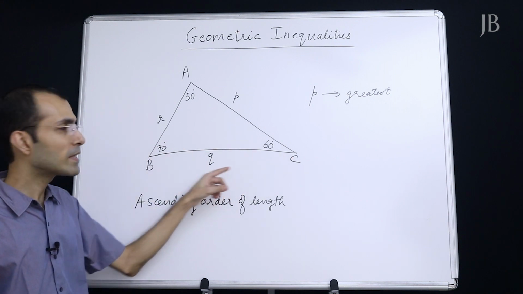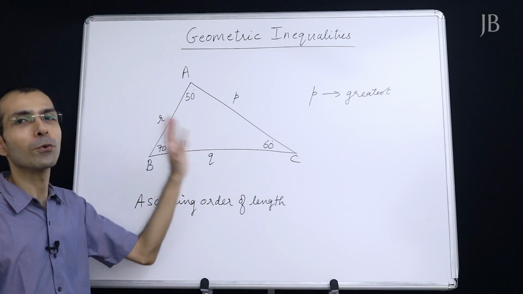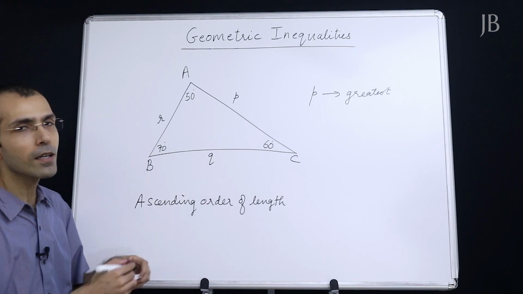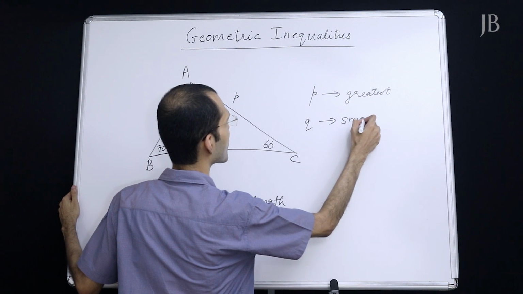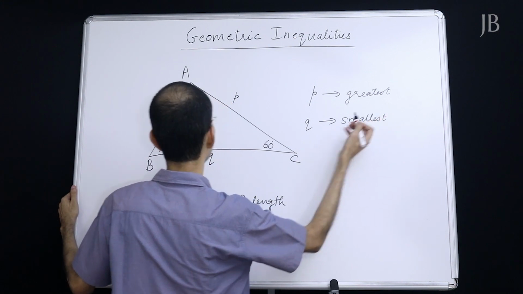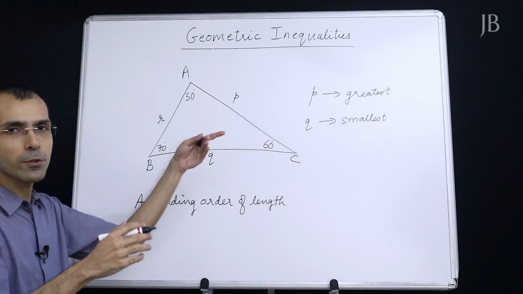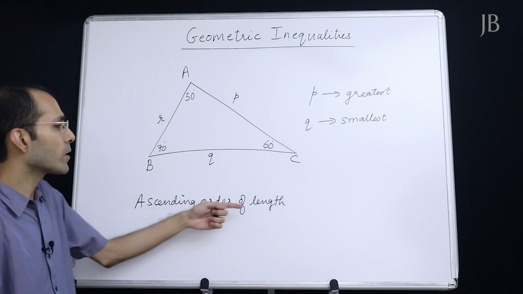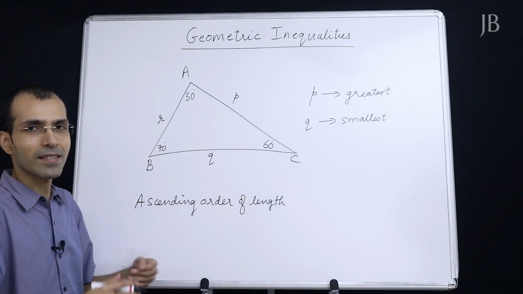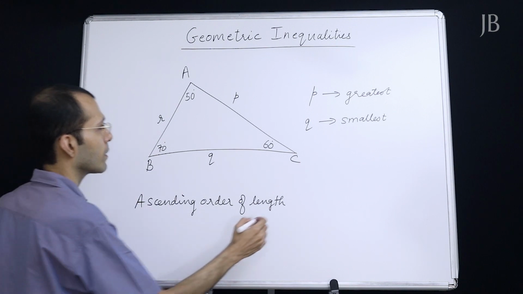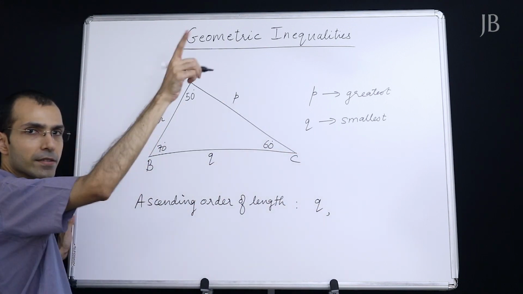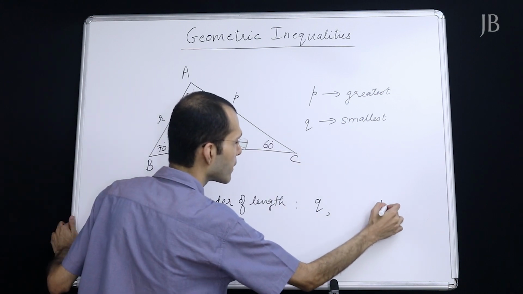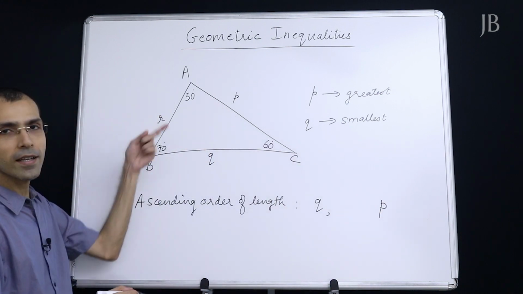BC, whose length we have denoted by Q. So Q will become the smallest side. And then naturally now R will come in between these two. So ascending order of their length. Ascending order means small to big. So smallest is what? Q. Greatest, highest is what? P. So what will come in between? R.